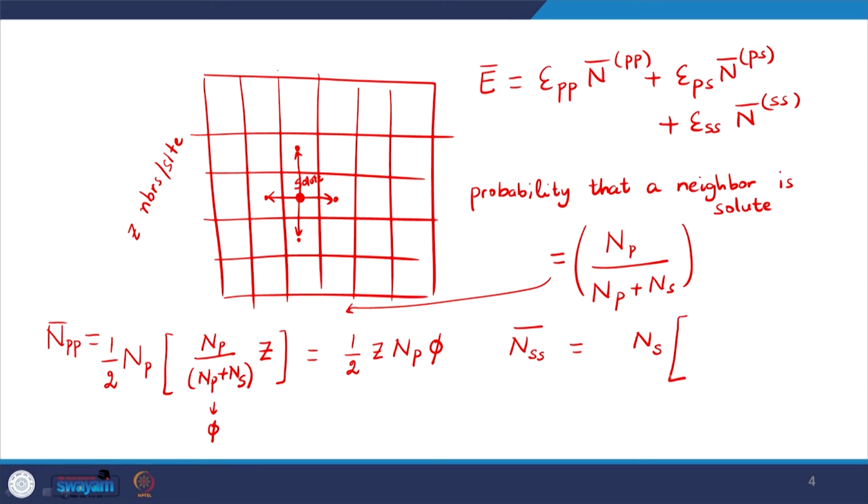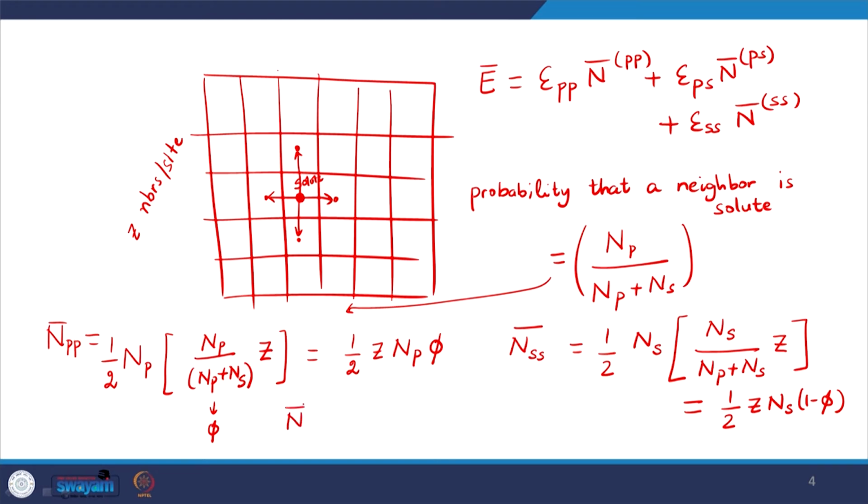The probability that a neighbor is solvent is NS by NP plus NS, and this has to be multiplied with Z, and this has to be divided by 2 again for the double counting. So, this gives me half Z NS multiplied with 1 minus phi.